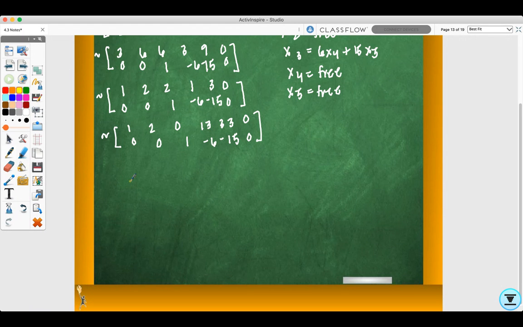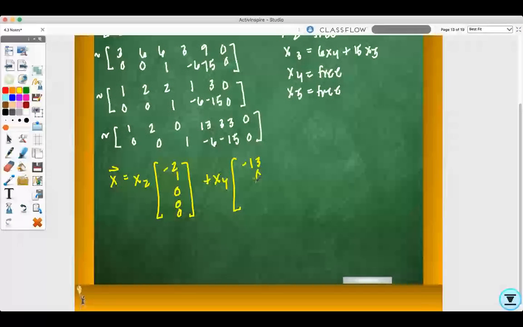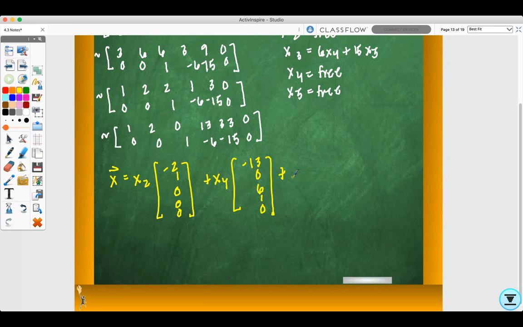So using this information up there, we would have x equaling x2 times negative 2, 1, 0, 0, 0, plus x4, writing this in terms of the free variables, negative 13, 0, 6, 1, 0, plus x5, negative 33, 0, 15, 0, 1.